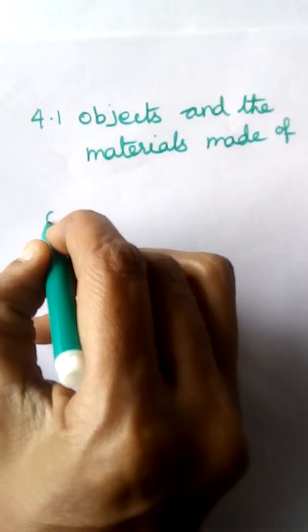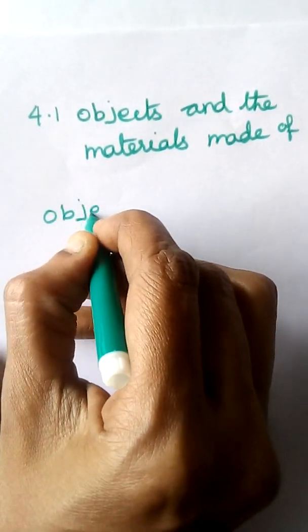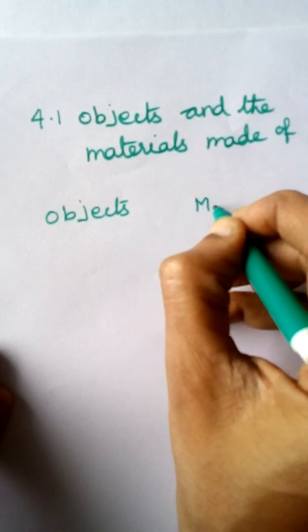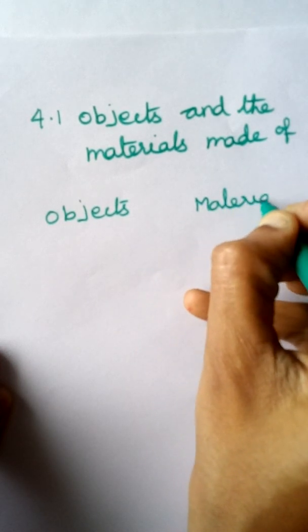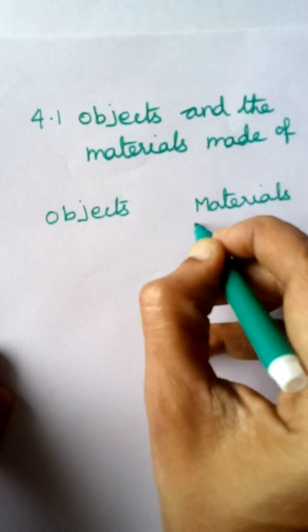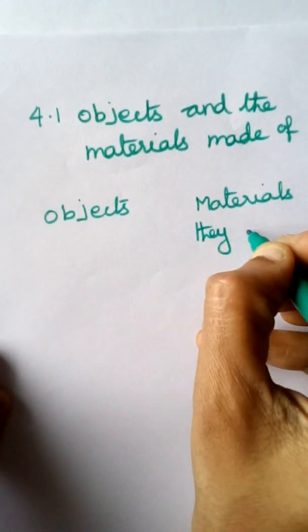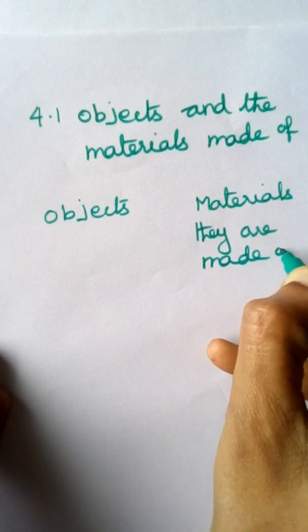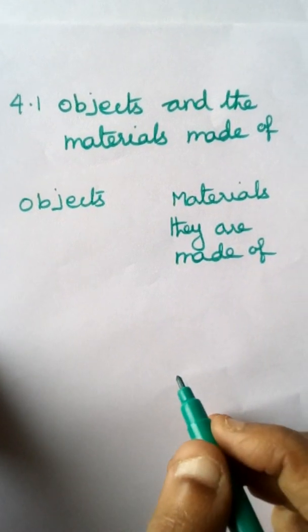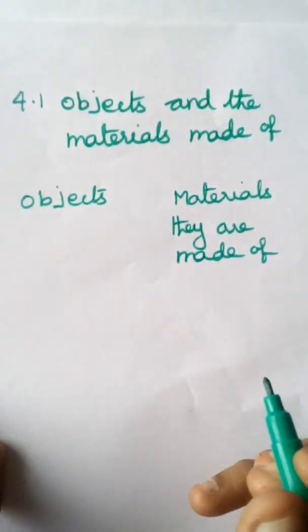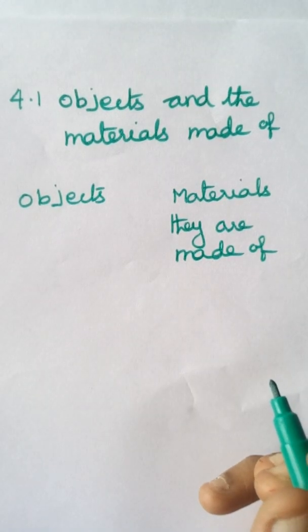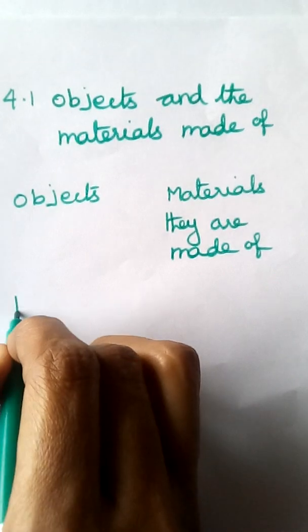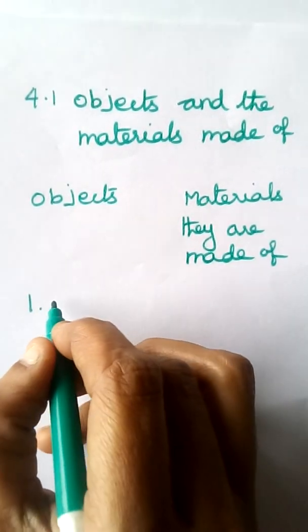First is objects, and then the materials they are made of. First object, plate.